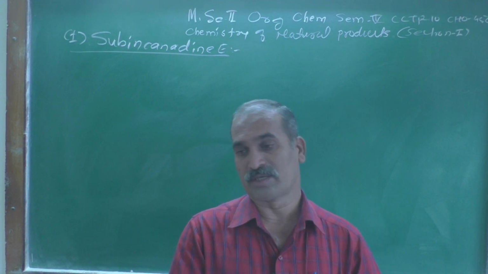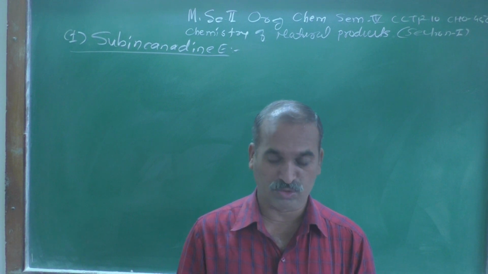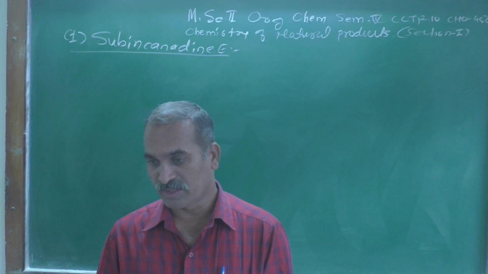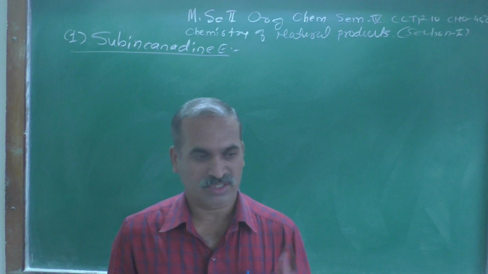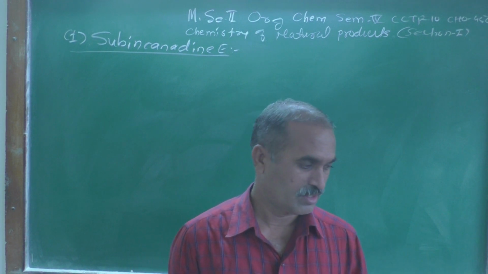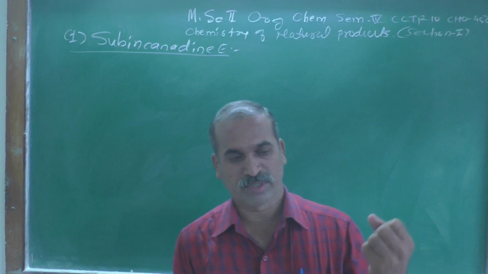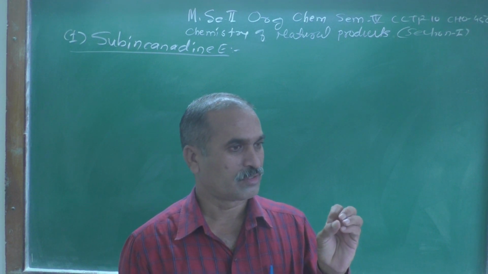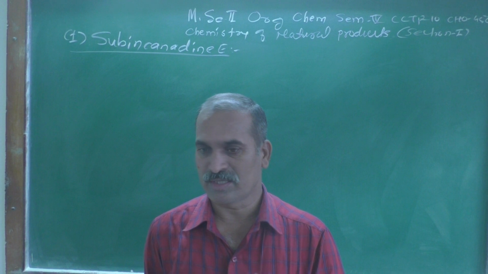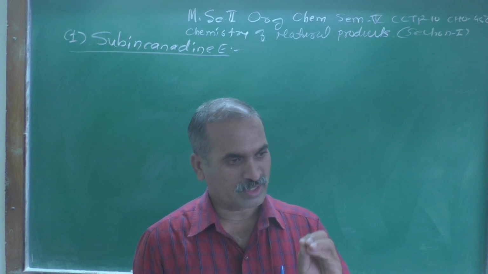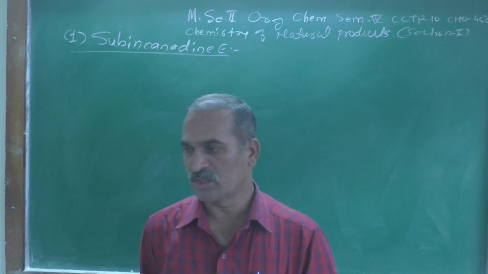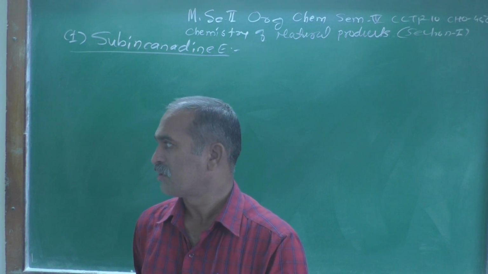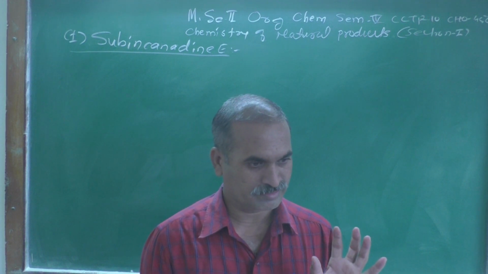And then optical isomers. For optical isomers, you have to measure the optical activity of certain molecules, because most natural compounds possess optical activity because they have a chiral center.